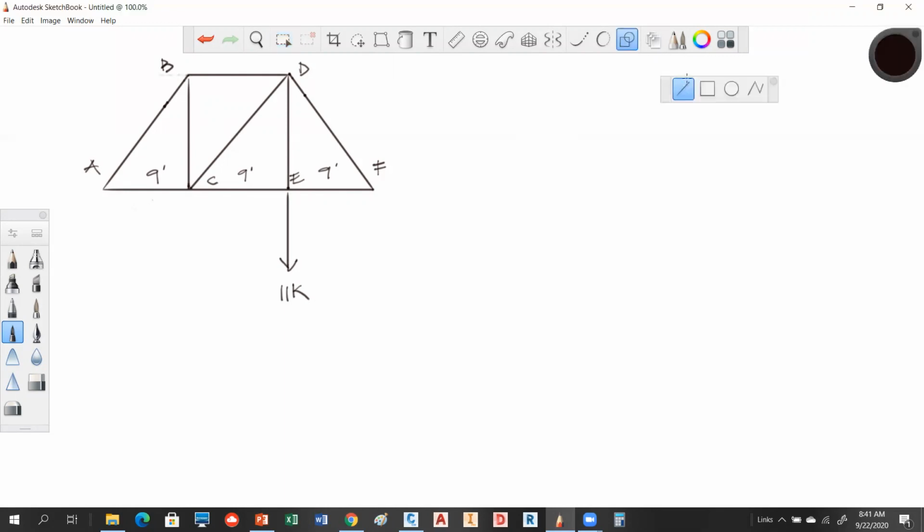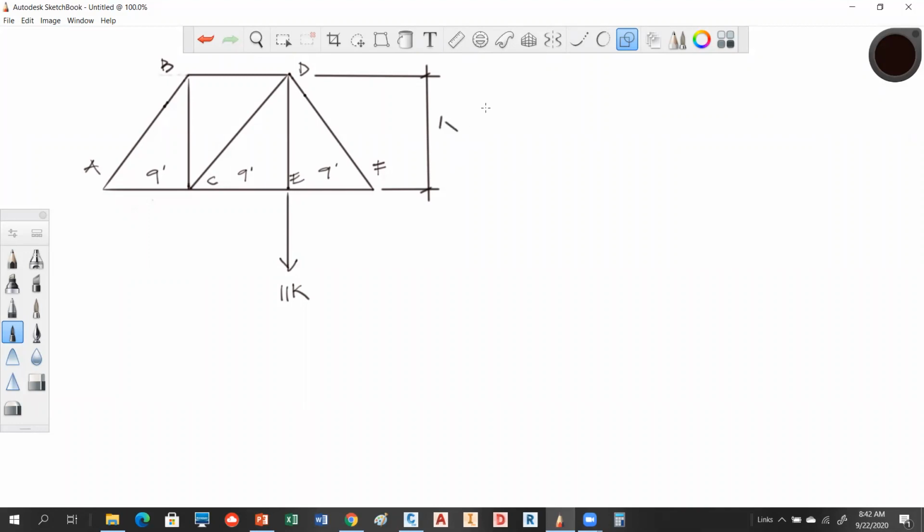I don't have that. That's basically here to here. I think that's 12 feet. So this is 12 feet.